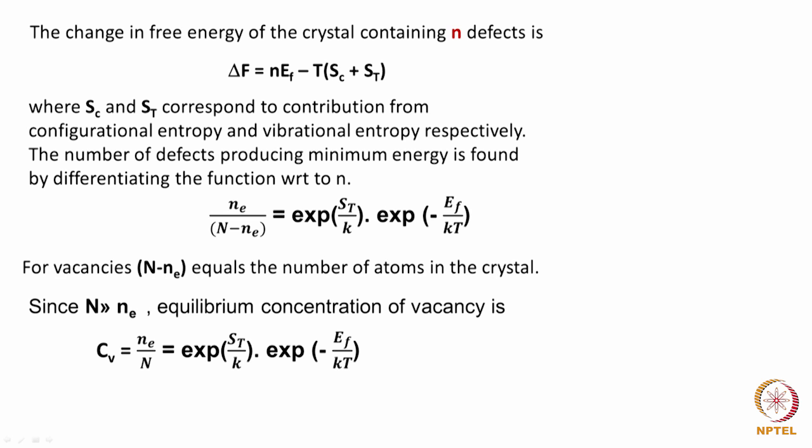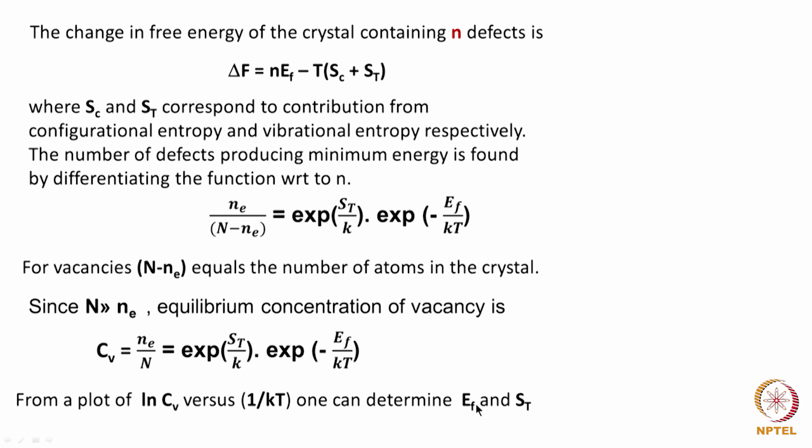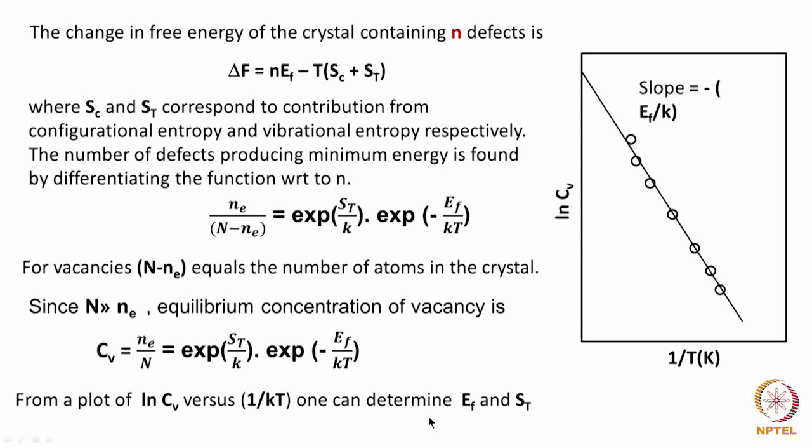So how will the plot look? If we plot log of CV, the vacancy concentration, versus 1 by T, this should be a straight line plot. The slope will give us EF by K; we know the Boltzmann constant.